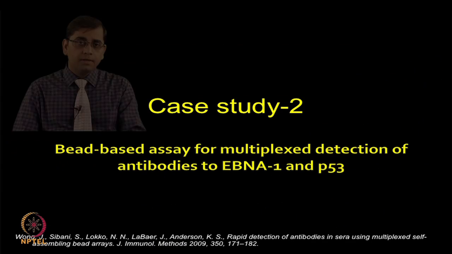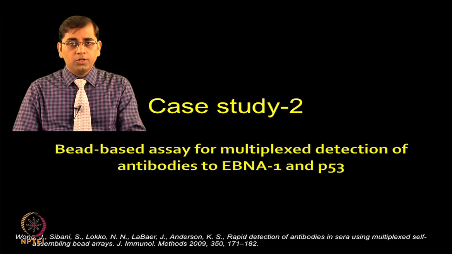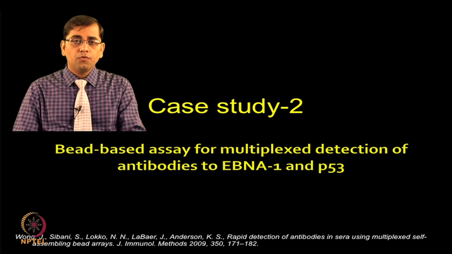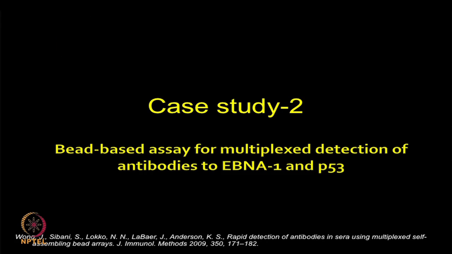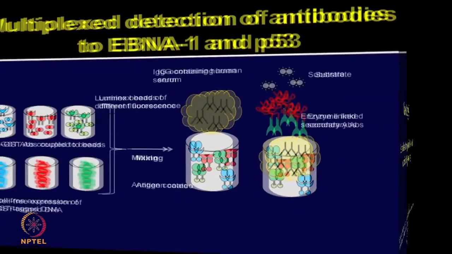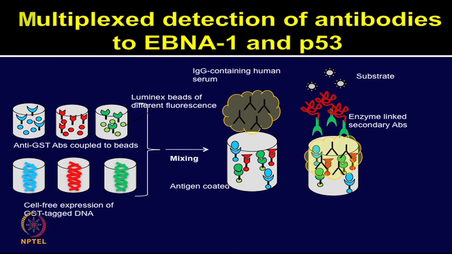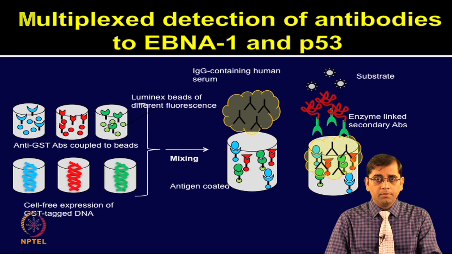Let us now talk about another case study for the biomarker screening. A bead based assay for multiplexed detection of antibodies to EBNA1 and p53, a study performed by Wong et al. Authors used a Luminex suspension bead array platform for the rapid detection of antibodies in the sera. A programmable multiplexed immunoassay was used for the rapid monitoring of humoral immunity.